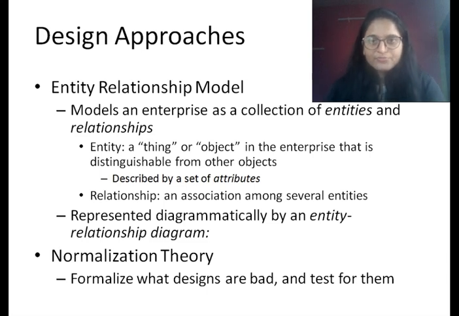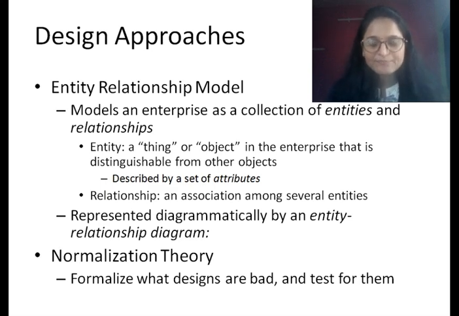So dear students, for database design there are two approaches. First is the entity relationship model, second is normalization theory. Okay, so first is the entity relationship model. This model is a collection of entities and relationships. Now in this lecture, we cover the basic terminology related to the entity relationship model.